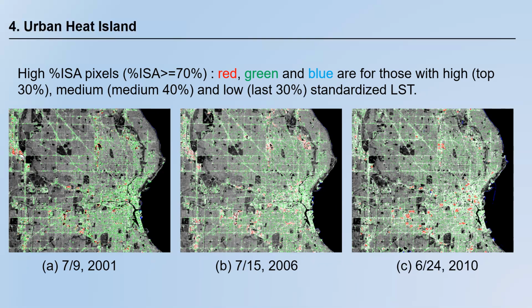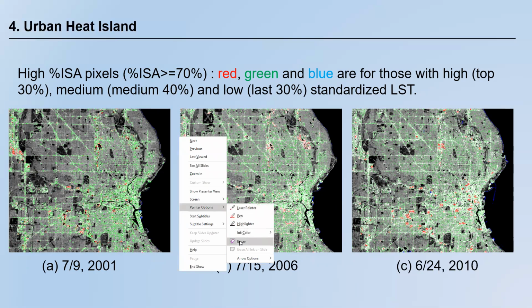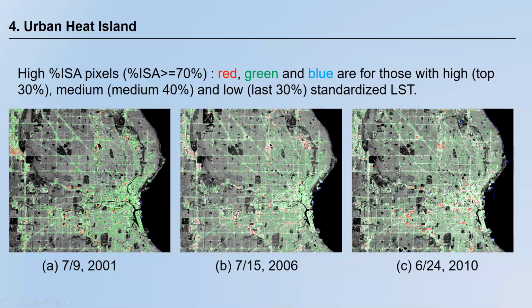These pixels have the highest land surface temperatures. On the other hand, blue pixels, like I mentioned before, can only be found along the lake shore between Milwaukee City and Lake Michigan, to the right side of the image, right here, along the shore. So obviously there is something different in terms of the pixels' environment.